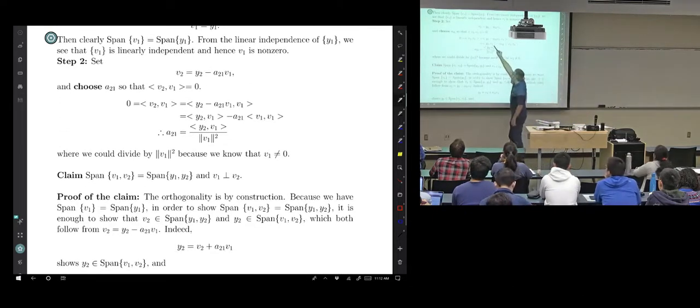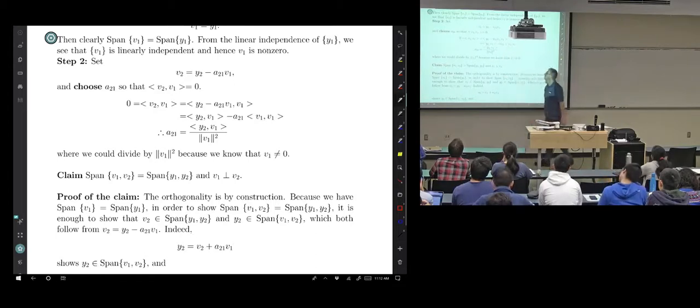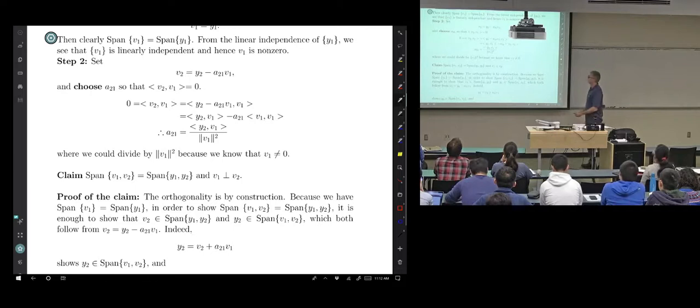Okay, so linear on the left-hand side, we get <y2, v1>, and we get minus a21, and I factor out the coefficient. So I want to solve this equation equals 0. So if I can divide by this term, then I get this formula right here.